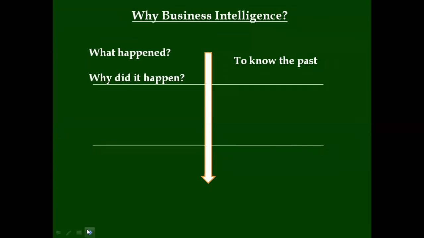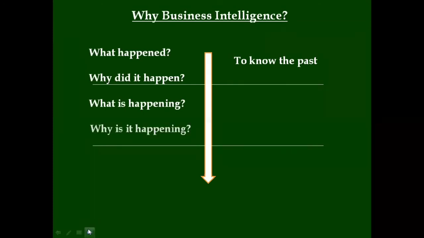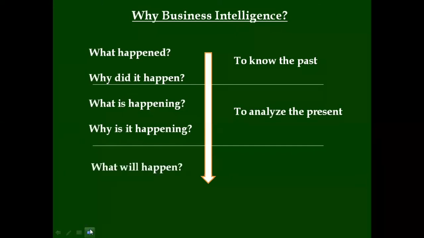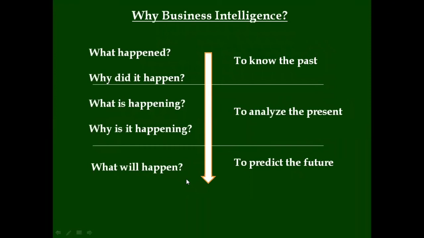What was the past of that organization? What is happening? Why is it happening? If we know these two things, we can analyze the present, and what will happen? It will help us to predict the future.